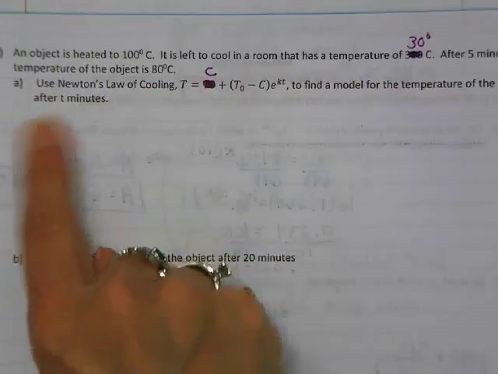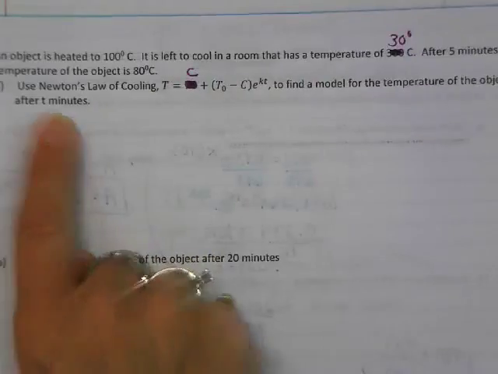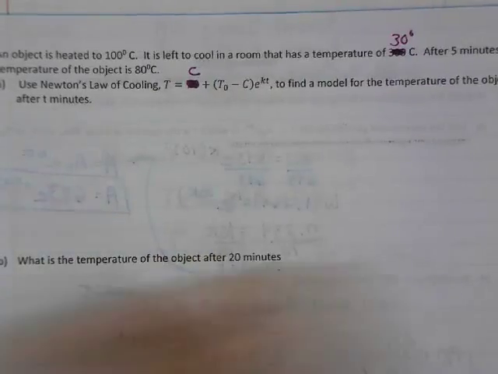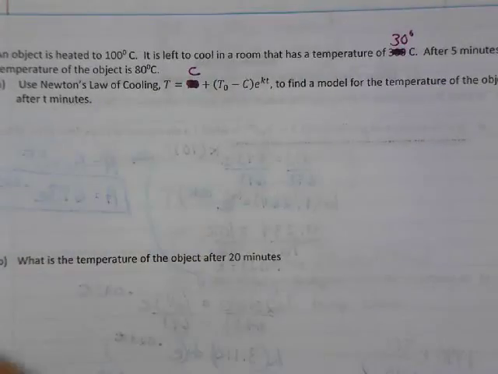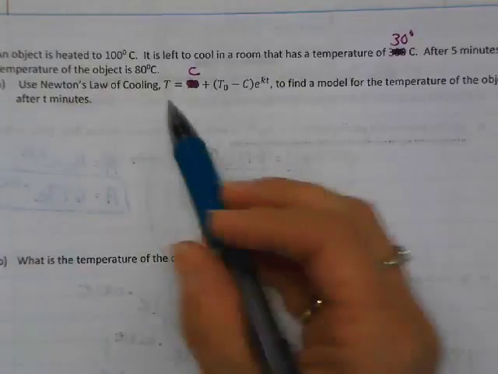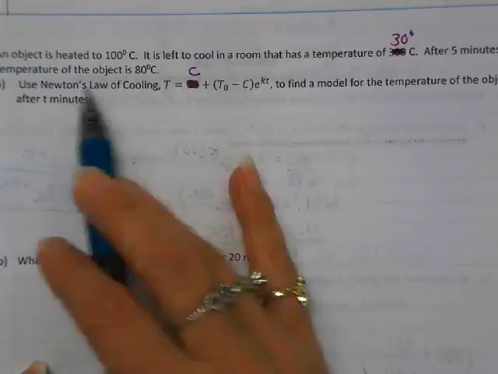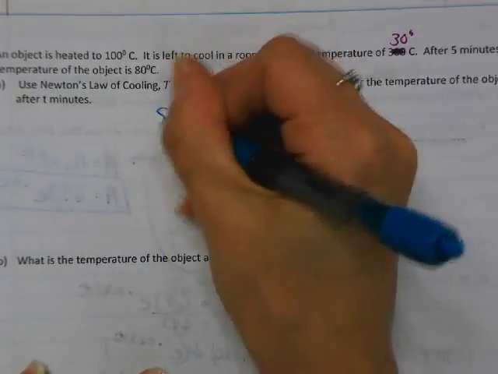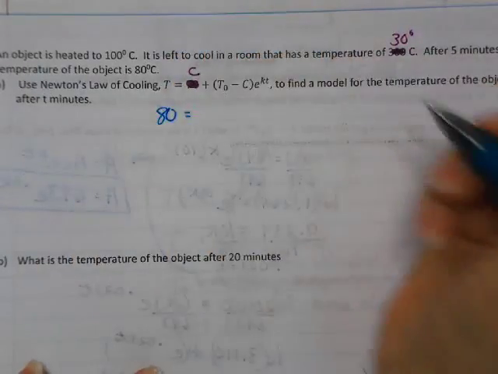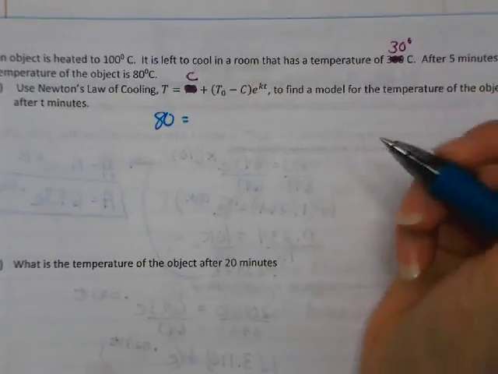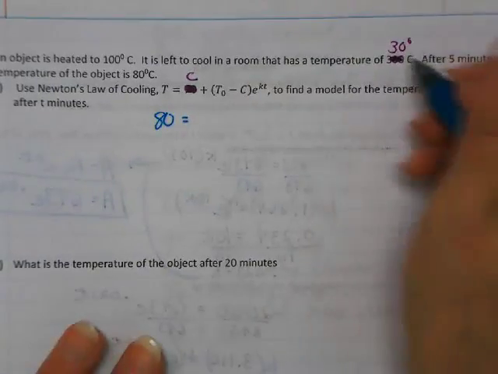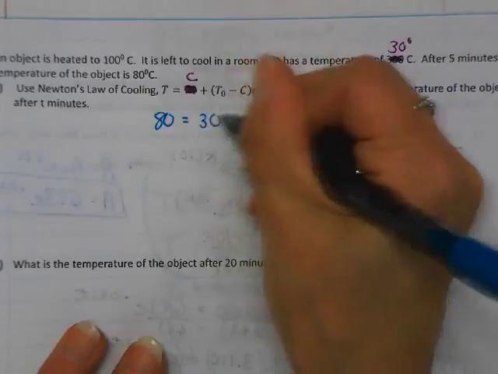So my question is, what is the final temperature of my object? 80 degrees. What is the constant temperature? So what is the room temperature, the atmospheric temperature? 30 degrees. Plus, what was my starting temperature of my object? 100 degrees.